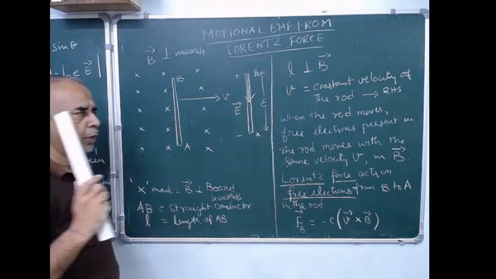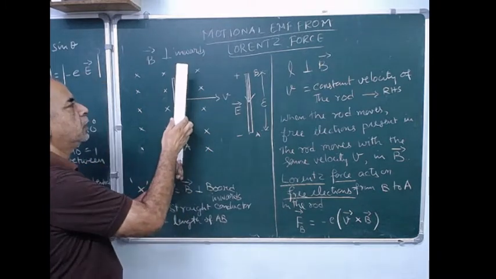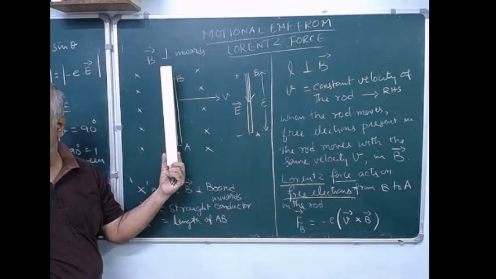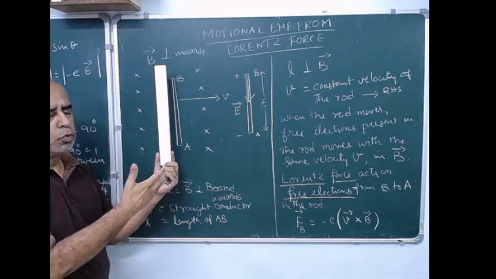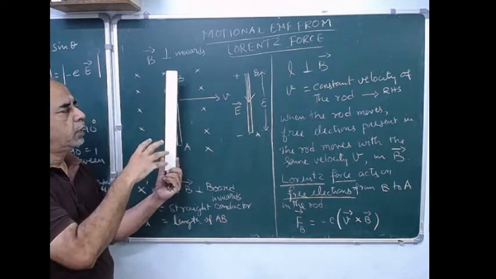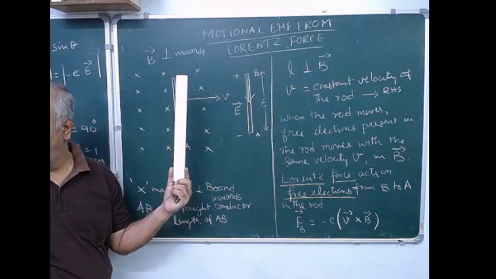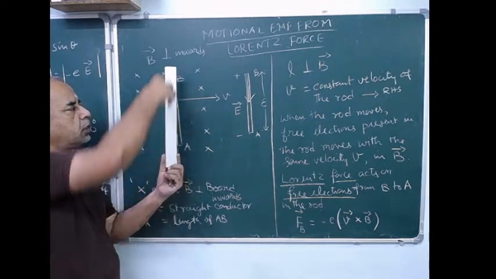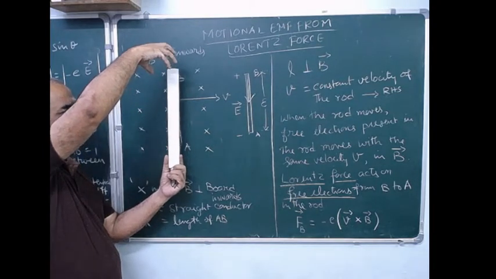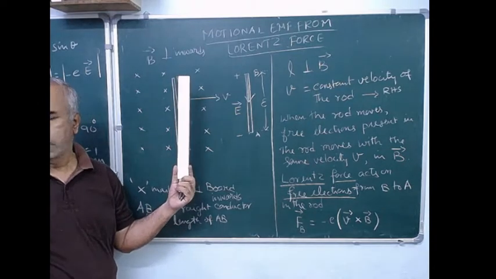Moving towards the right, when the rod moves like this, what happens? The free electrons inside the rod are traveling, because this movement occurs in the presence of a magnetic field. We know that when there is a magnetic flux change, electrical induction arises. These electrons move from B to A, and they need a certain amount of force.